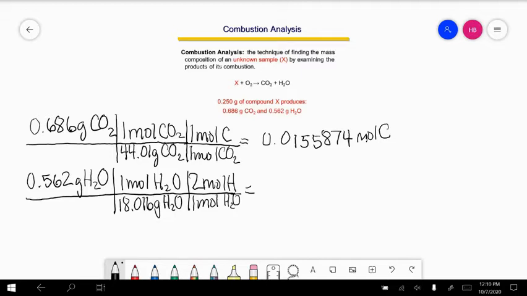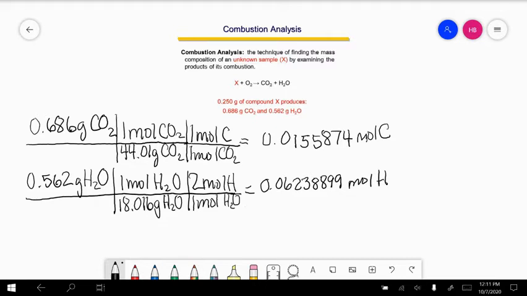So multiply across the top and divide by the bottom. And I get an answer of 0.06238899 moles of hydrogen.